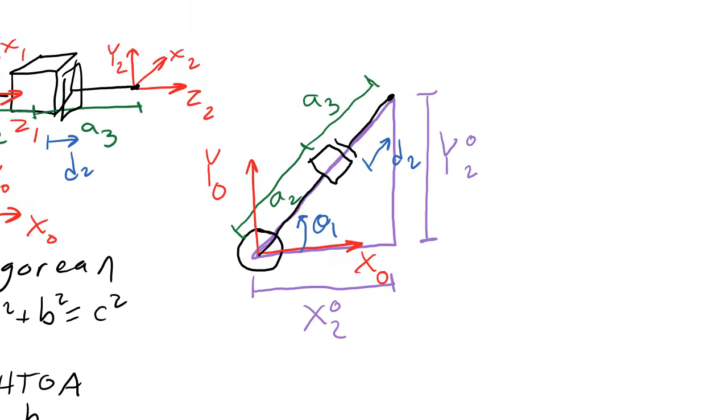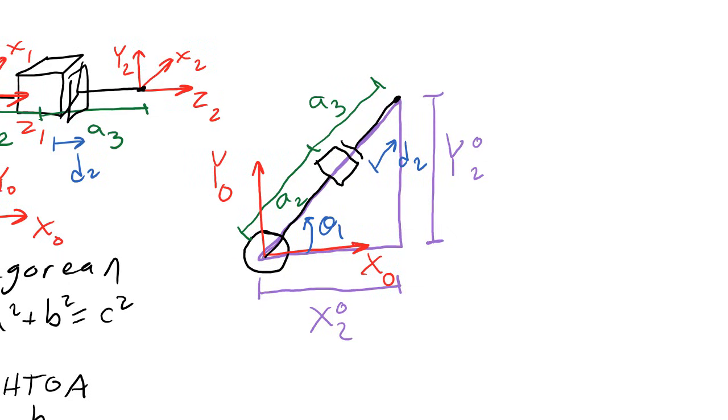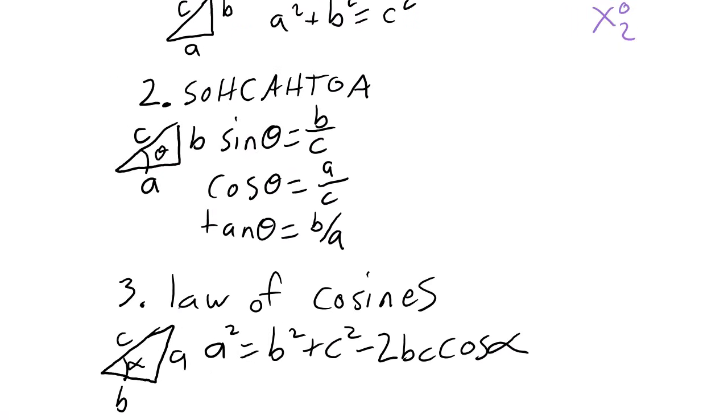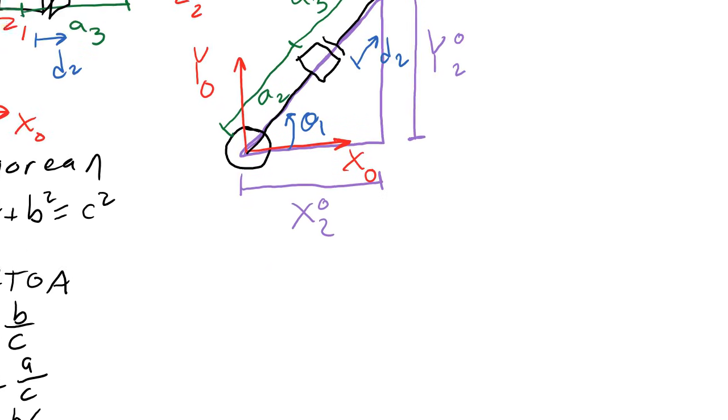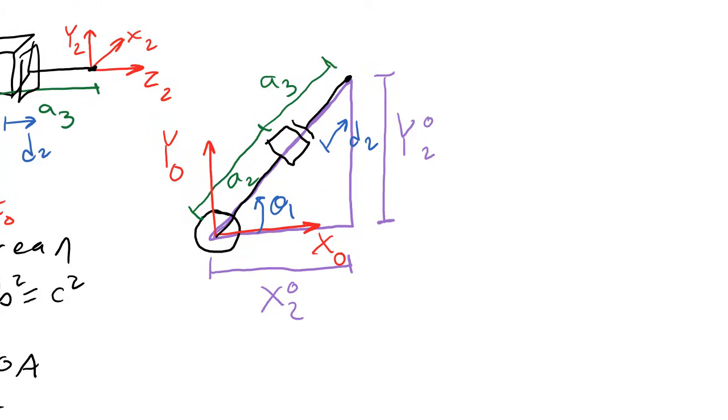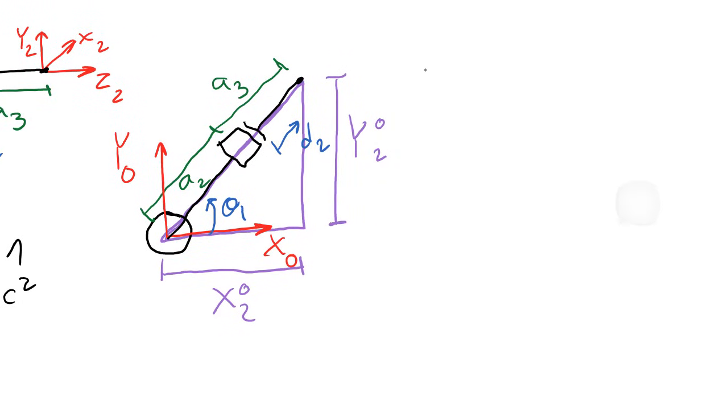Now, back at this example we're working through, which triangle relationship among the three that we have available to us should we use? Well, we have a right triangle, so we can use 1 or 2 in addition to 3. Let's start by using the Pythagorean theorem.